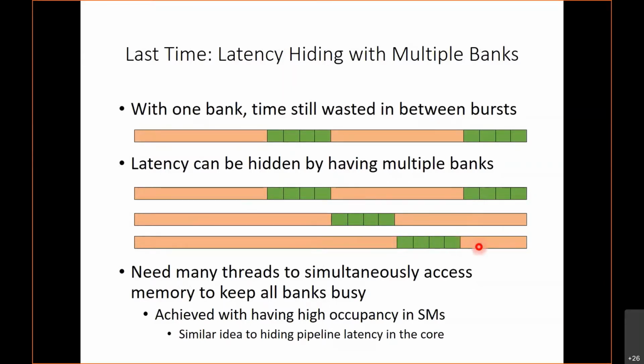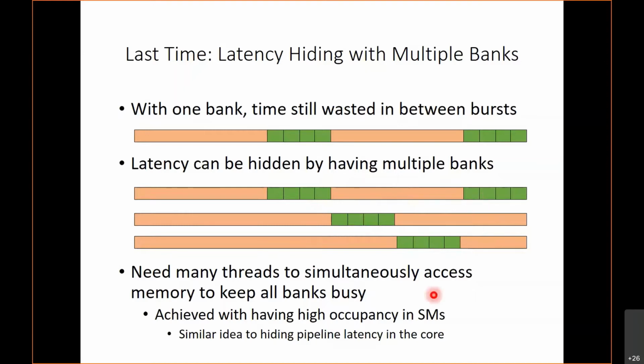And by the time I'm done, I go back, and then the other DRAM bank is also ready for me to read its burst. So for me to effectively utilize my DRAM, I want to have many memory accesses at the same time going to different banks in order for me to hide the latency of the different banks, so that I always have data in my memory system ready for me to consume.